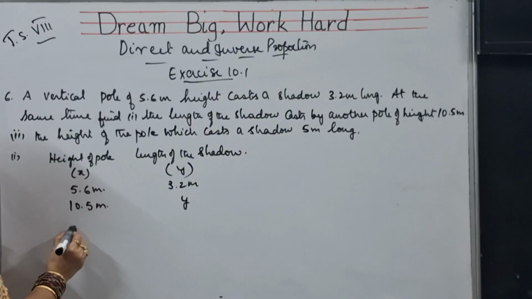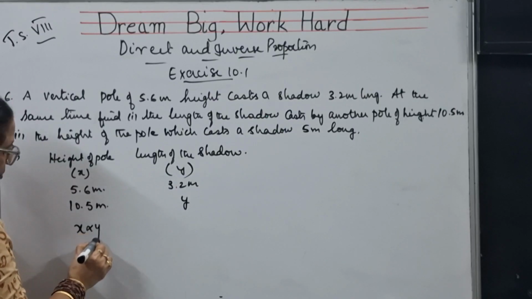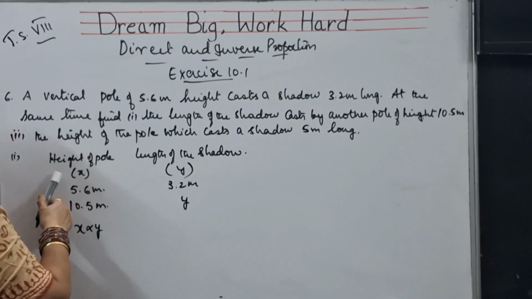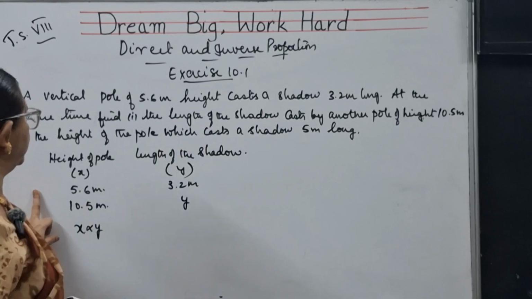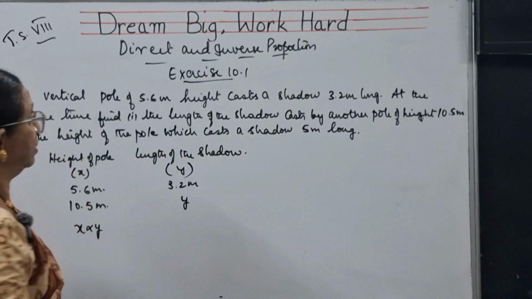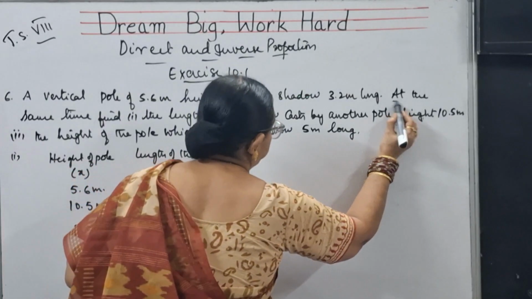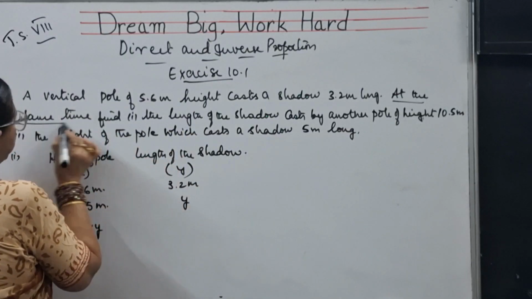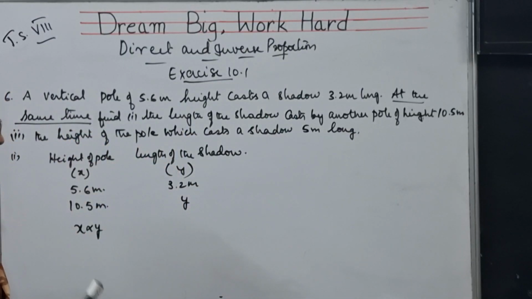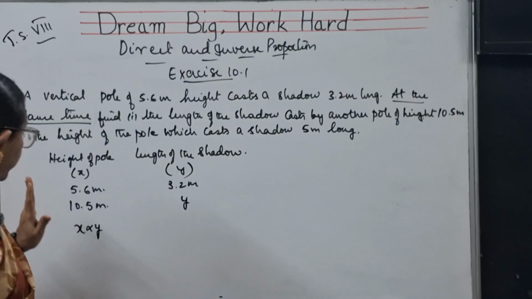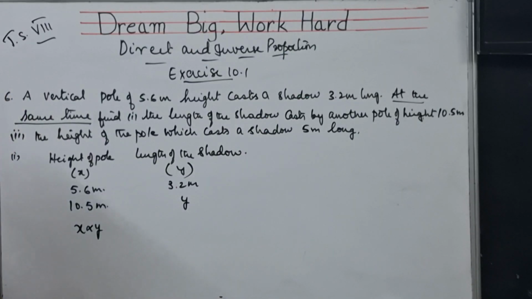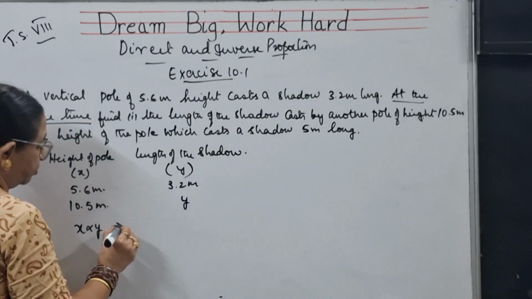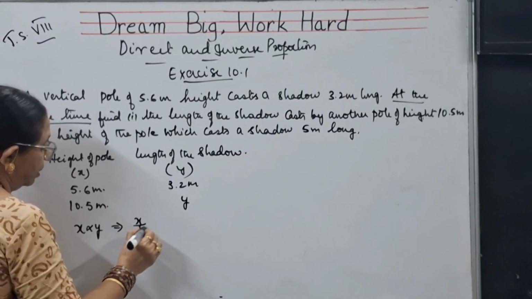So we know that x is directly proportional to y. Why? Because the conditions are the same, children. At the same time, you have to take a very important note here. At the same time means time is not changed. If time changed, the height and the shadow length will definitely change. So x is directly proportional to y. If x is directly proportional to y, x by y is constant.